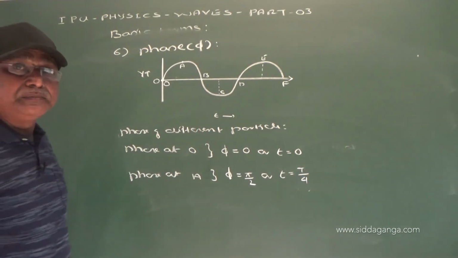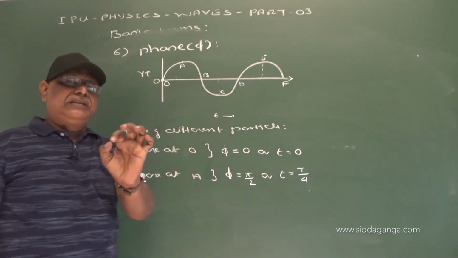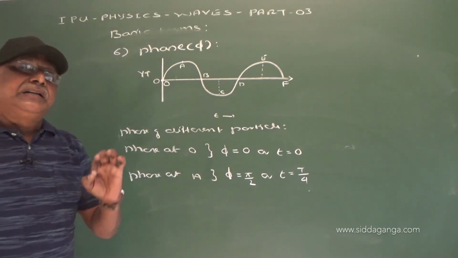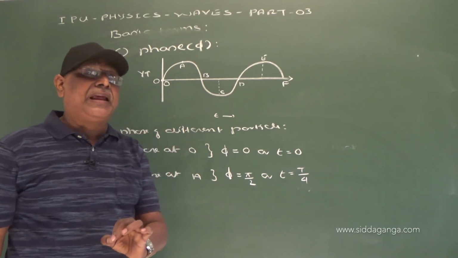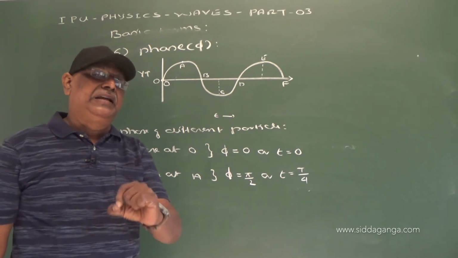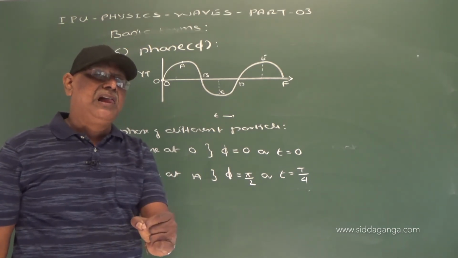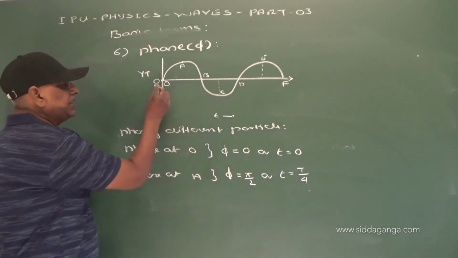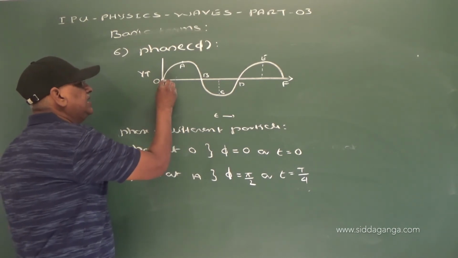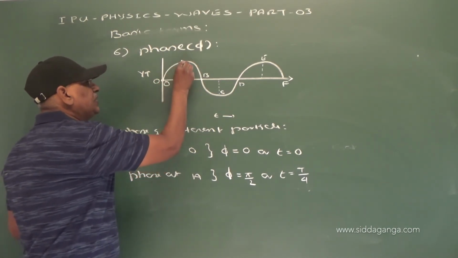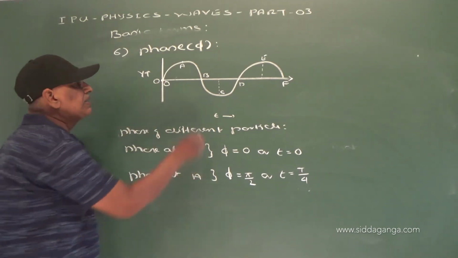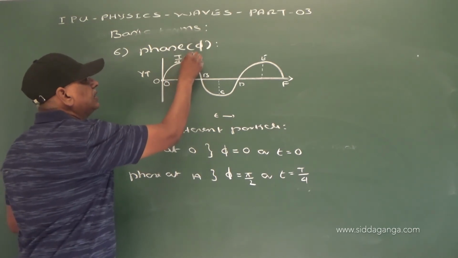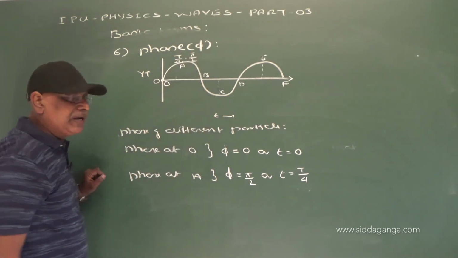You see the definition? The phase of a vibrating particle at any instant of time is the fraction of time period that has elapsed since the particle last crossed its mean position in positive direction. So the disturbance started from O to reach that point, and the time taken is equal to T by 4, or in terms of angle it is pi by 2.